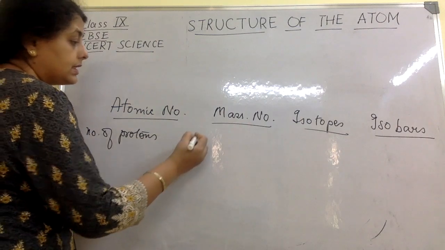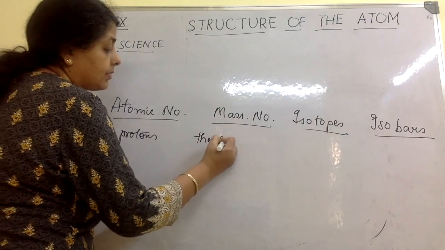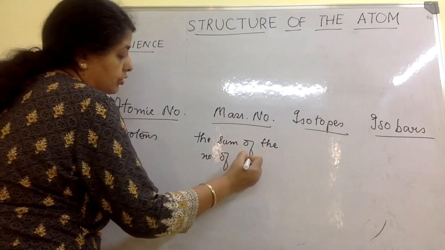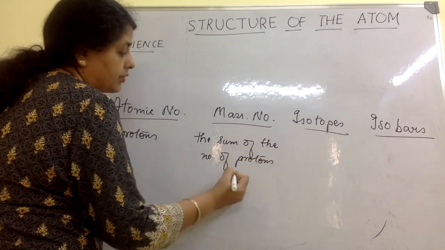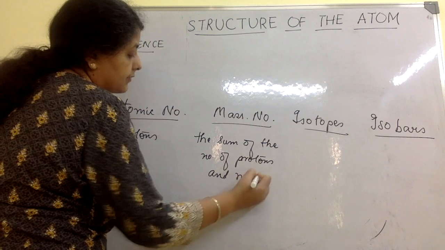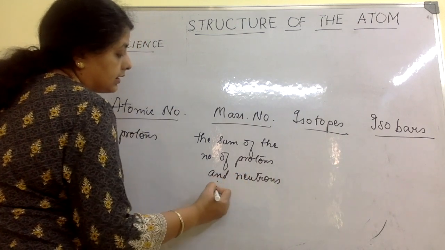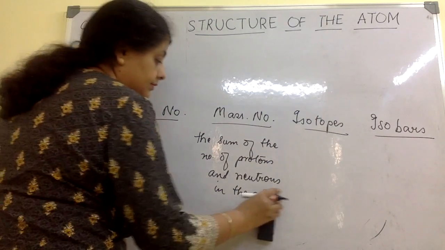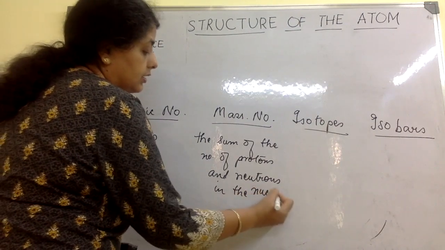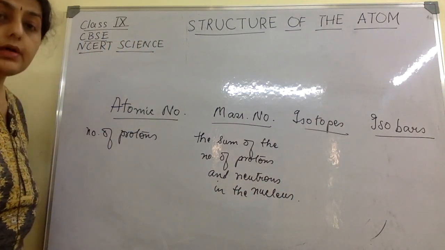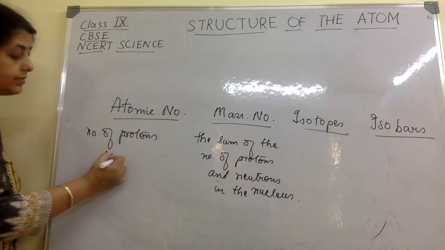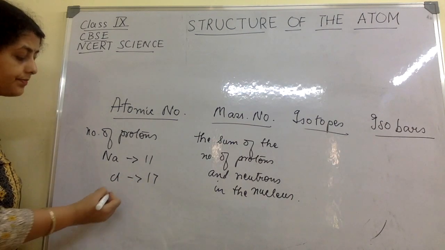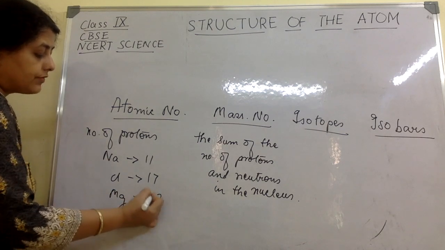Mass number is the sum of the number of protons and neutrons in the nucleus. In the nucleus, that is the mass number. Now atomic number, let's say for sodium is 11, for chlorine is 17, like that. Okay, for magnesium it is 12, like that.